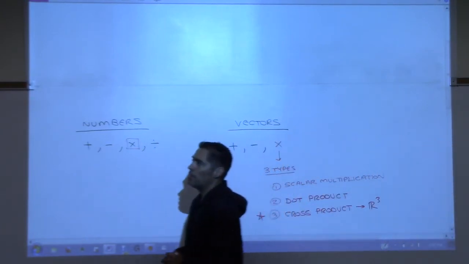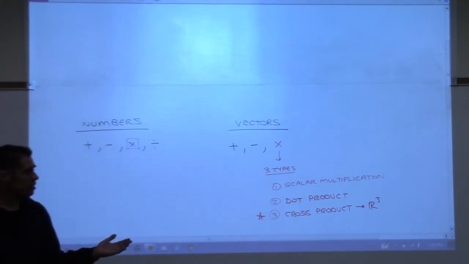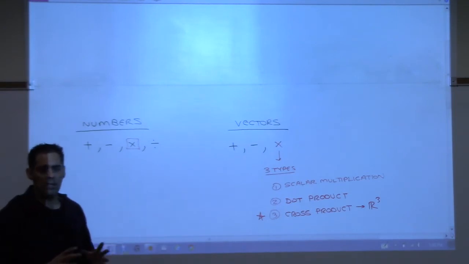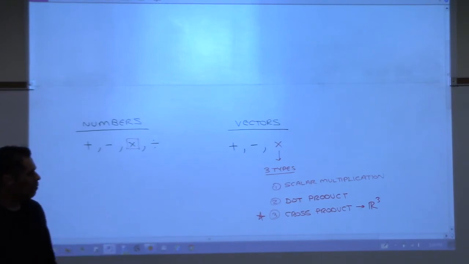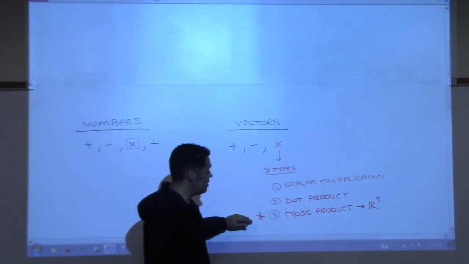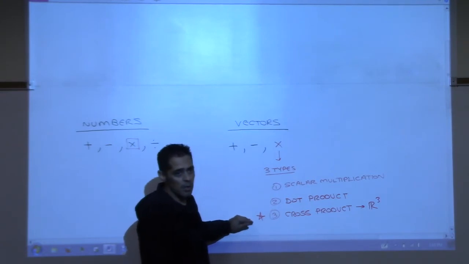You can only take the cross product of two vectors if those vectors are three-dimensional vectors. If the vectors are not three-dimensional, then there is really no cross product, but there is a workaround. So we will not talk about the cross product in this class because we're not dealing with vectors in three-dimensional space. In Calculus 3, you would do the cross product. And in physics, you do the cross product also.